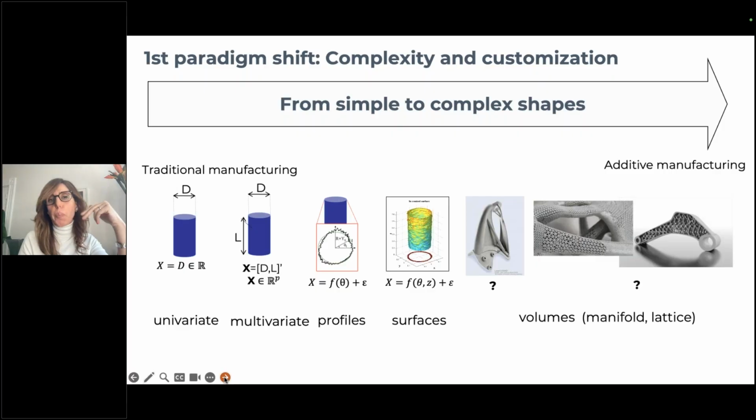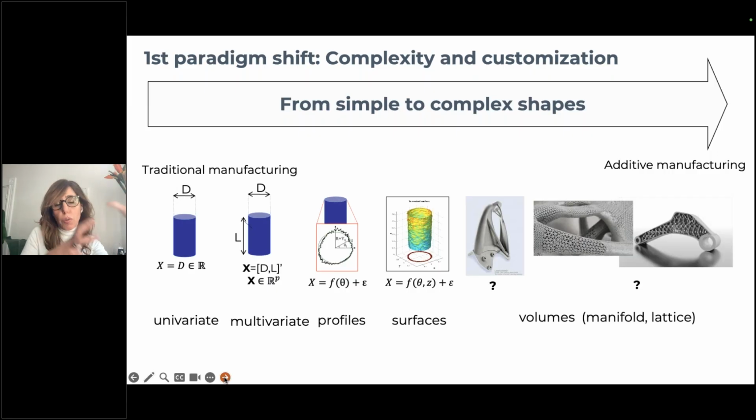There are a couple of paradigm shifts that I see. The first is that since you are able to produce complex shapes, you are going to take advantage of this complexity. If you think about quality inspection, but also quality monitoring, it was an easy and not so easy job even in conventional manufacturing, dealing with simple shapes, like the first example, a simple cylinder in which I'm just measuring the diameter over time and detecting some anomaly when the cylinder has an unusual diameter.